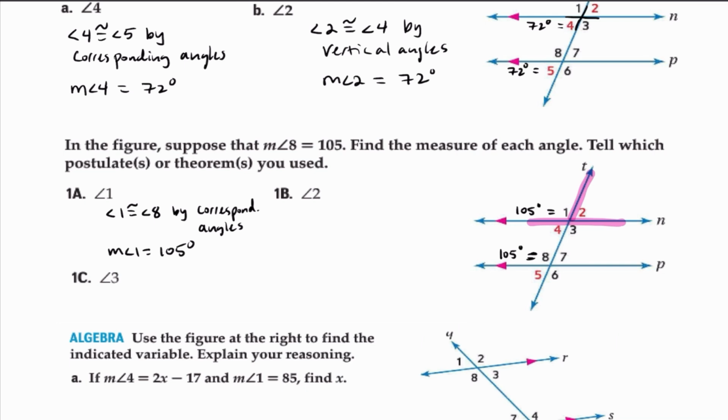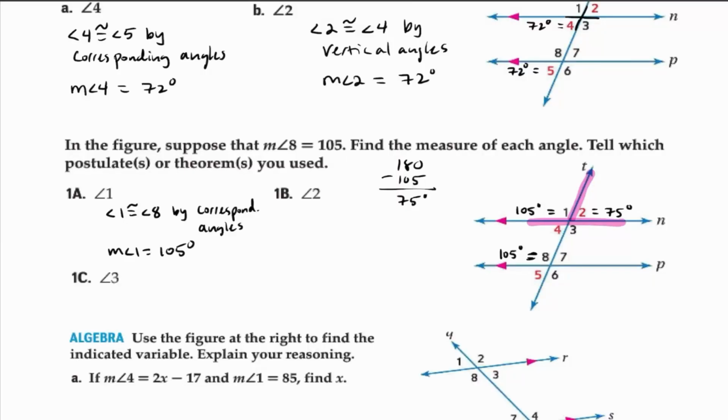So in order for me to figure out the measure of angle 2, I can do 180 minus 105, or just do algebra and solve for the measure of angle 2. So 180 minus 105 is 75 degrees. So the measure of angle 2 is 75 degrees.